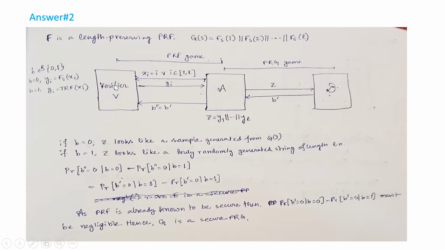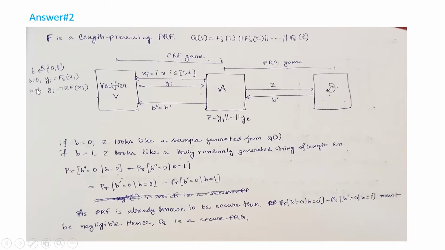Whenever the verifier provided the yi's as PRF outputs, the view of D is just as it would be for the pseudorandom generator G. All L PRF outputs are concatenated, and D then outputs some distinguishing bit b dash.